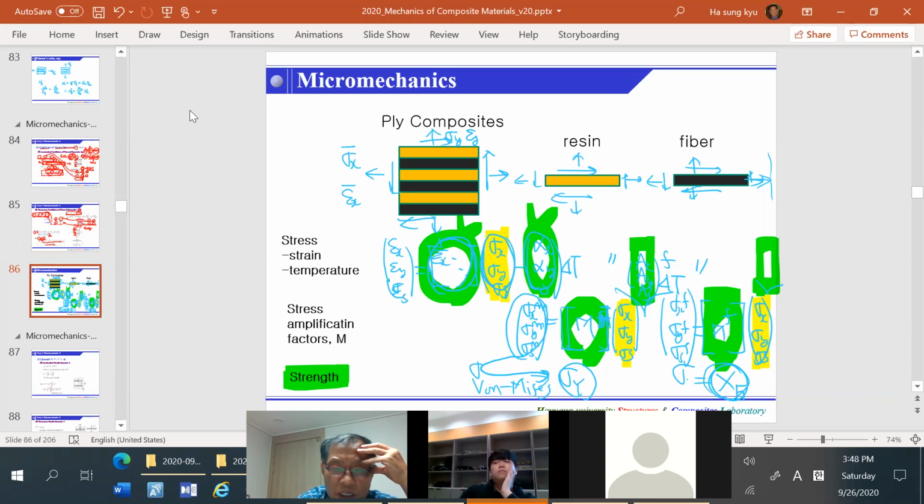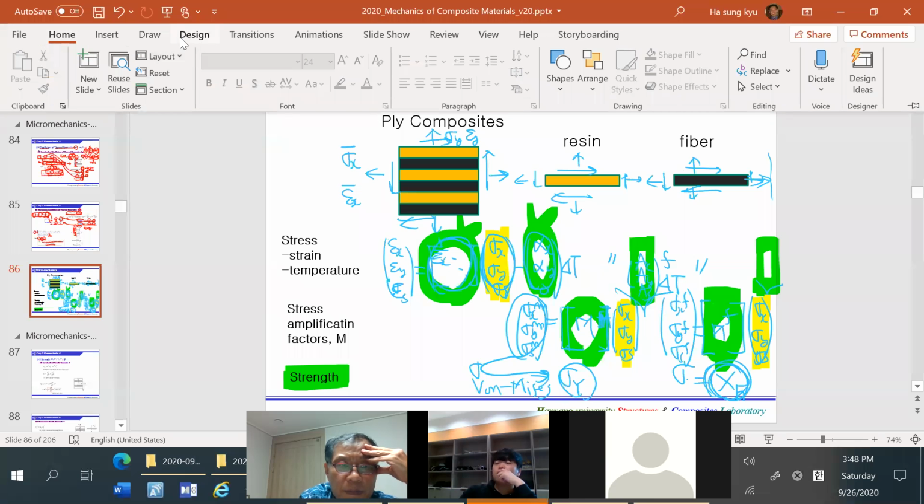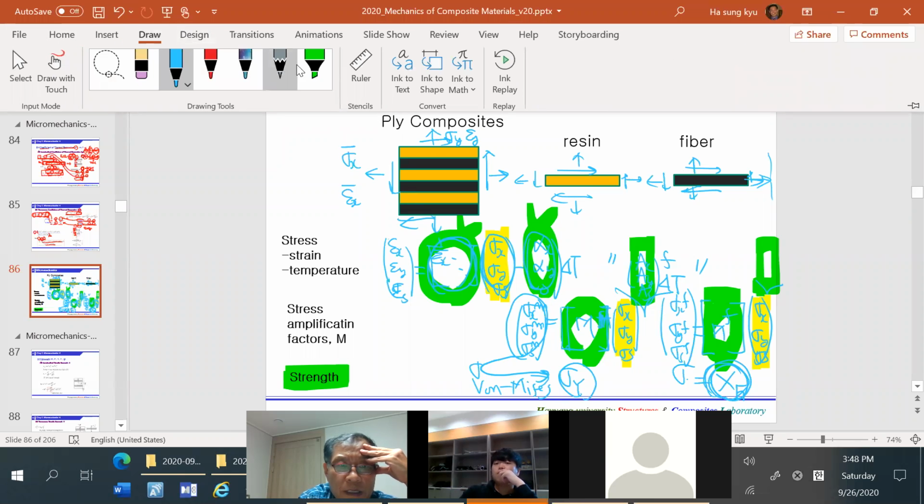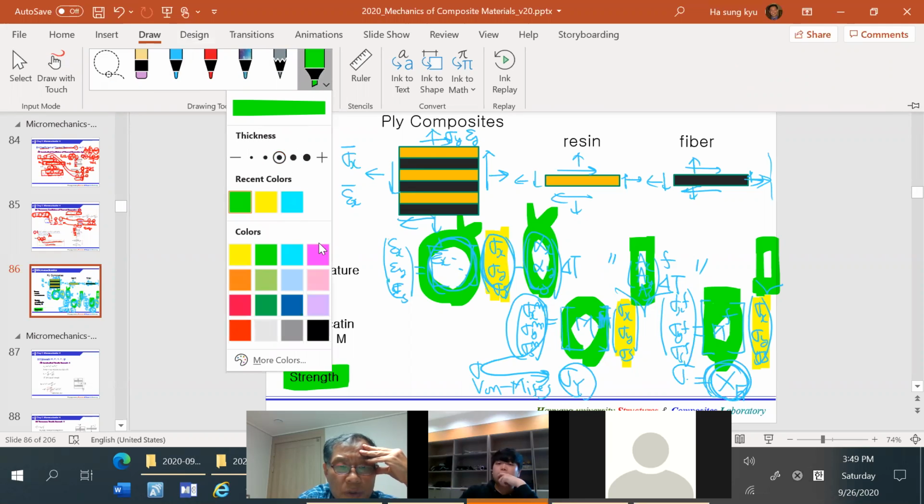And once you reach it, the resin will become plastic. And fiber, once it reaches this fiber strength, that fiber will fail. Again, I'm repeating the same stuff, but since it's so important, I'd like to repeat it.